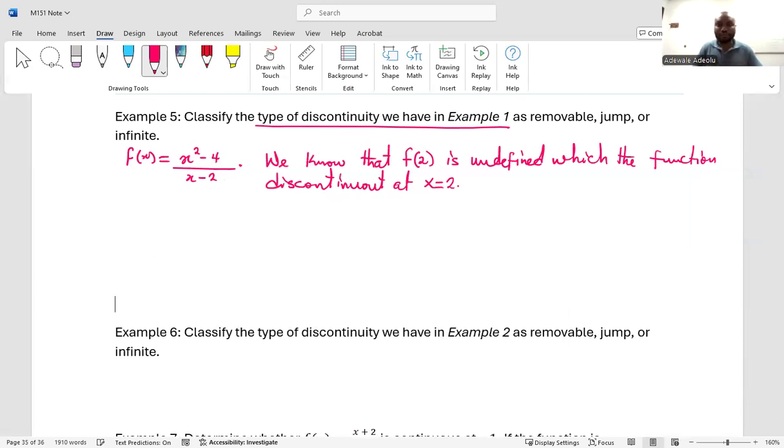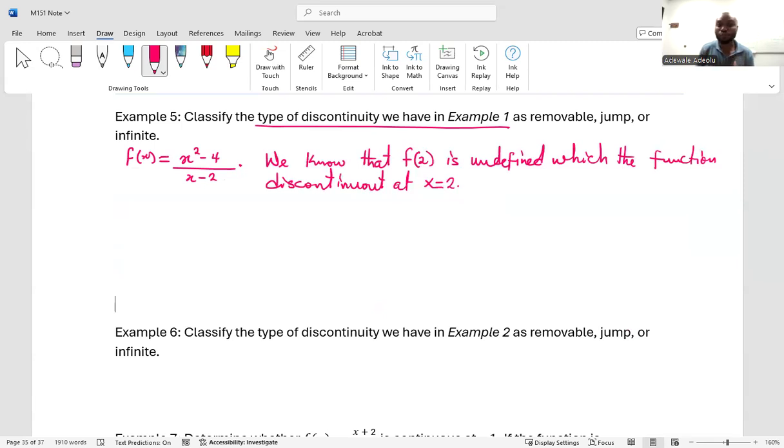Now, remember what we know now is that the function is discontinuous at x equals 2. But we don't know why it is. Okay, we know why. I take that back. We know that f of 2 is not defined. That is, it is not there. But we need to know more to be able to classify this.